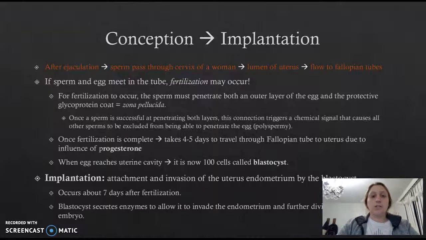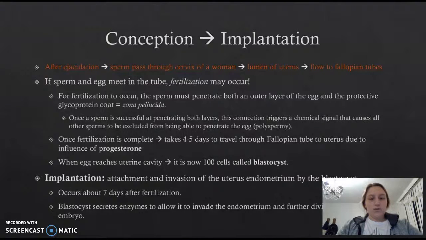So implantation is an attachment and invasion of the uterine endometrium by the blastocyst. So the blastocyst is what's doing the implantation. This occurs about 7 days after fertilization, and the blastocyst secretes enzymes to allow it to invade the endometrium and further divide to become an embryo.